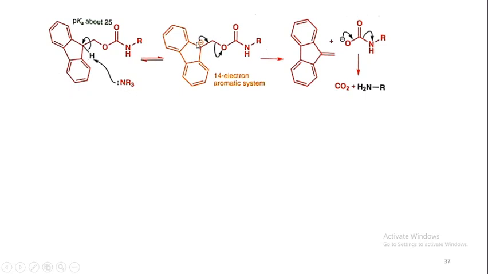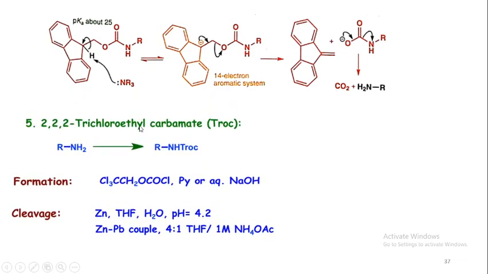The negative charge formed is restored as this double bond, because after this abstraction of proton there is a formation of an aromatic system which is more stable, and by the removal of CO2 there is formation of the amine from the protected form, this FMOC carbamate.